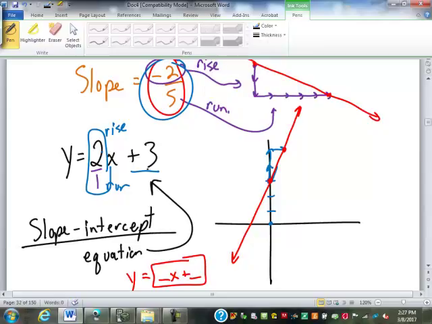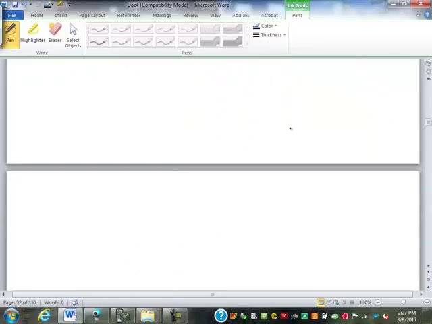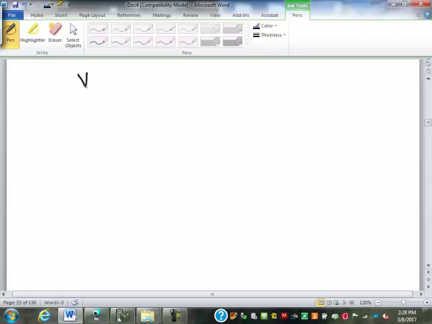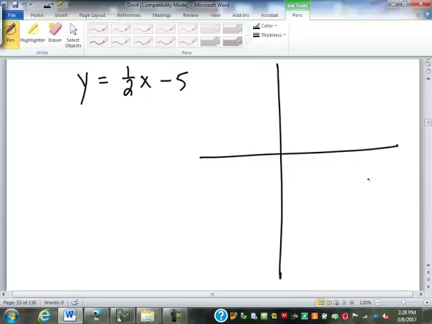So let's look at some examples and try to graph these. So y equals 1/2 x minus 5. So on my graph, where from the origin, am I going to go up or down? Down. And how far down? 5 units. 1, 2, 3, 4, 5.